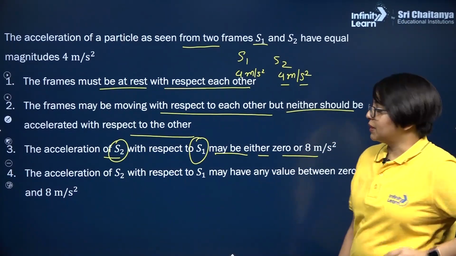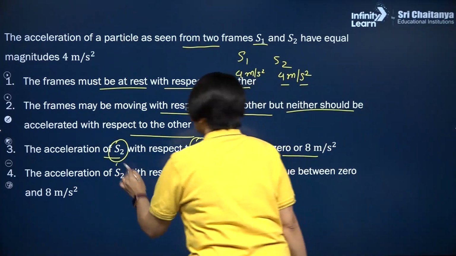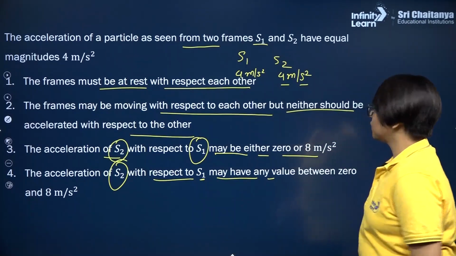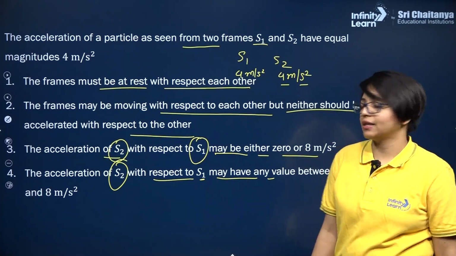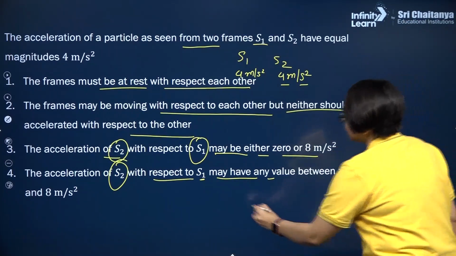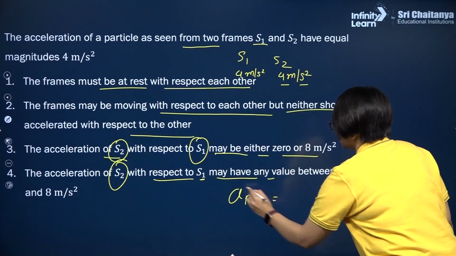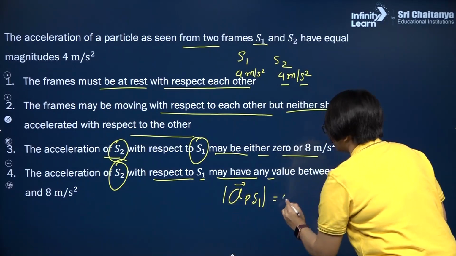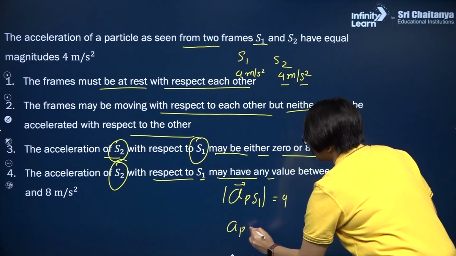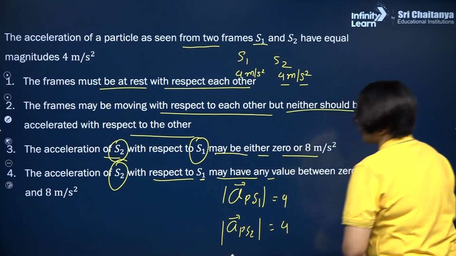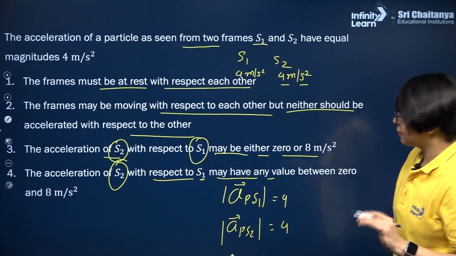And the fourth statement is the acceleration of S2 with respect to S1 may have any value between 0 and 8 meter per second square. So the acceleration of the particle with respect to S1 is having magnitude 4. Acceleration of the particle with respect to S2 is having magnitude 4. Okay, direction is not given.